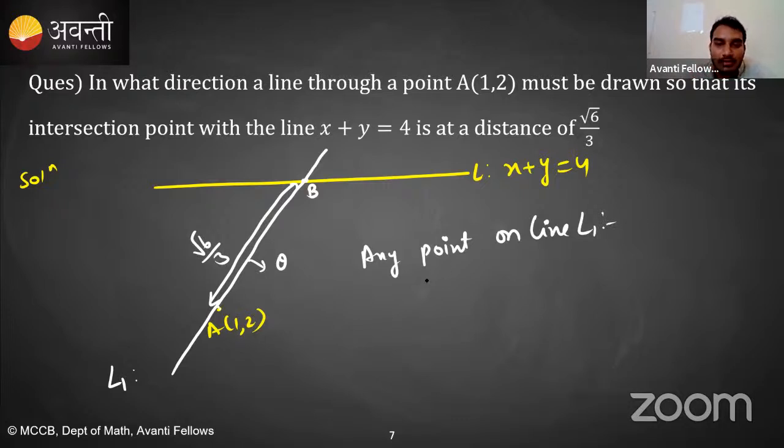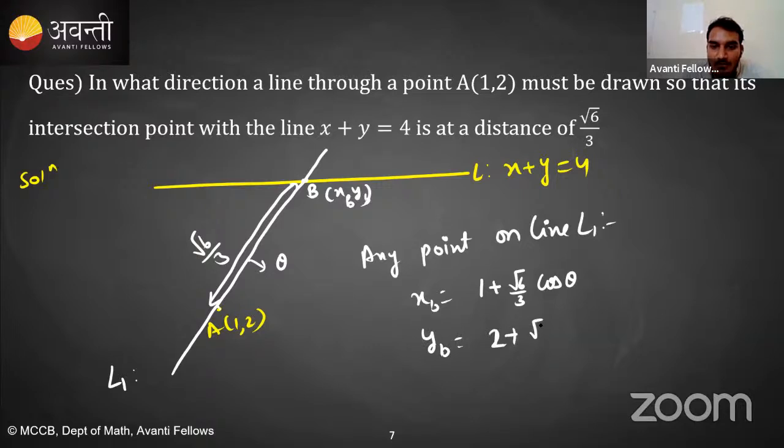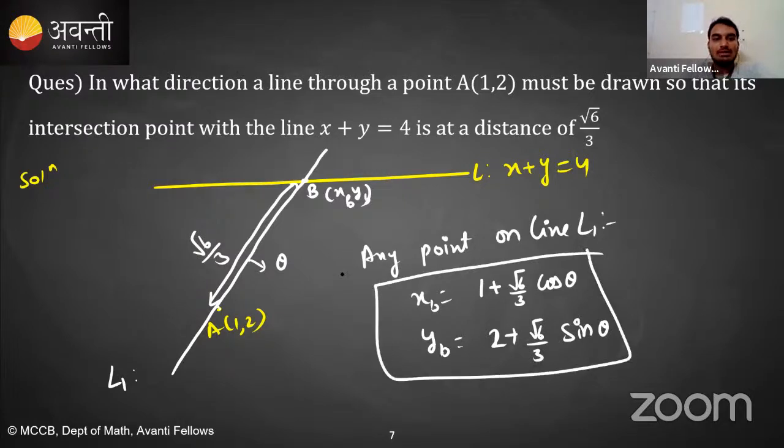Let's call this point B (x, y). So x can be written as x1 plus r cos theta, and y can be written as y1 plus r sin theta. Is this clear, students? Because the point B is also lying on the line L1, so x1 plus r cos theta, and y will be y1 plus r sin theta.